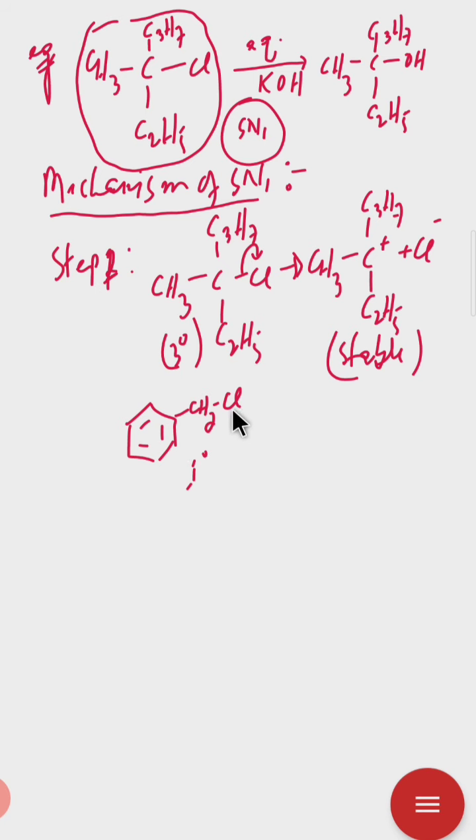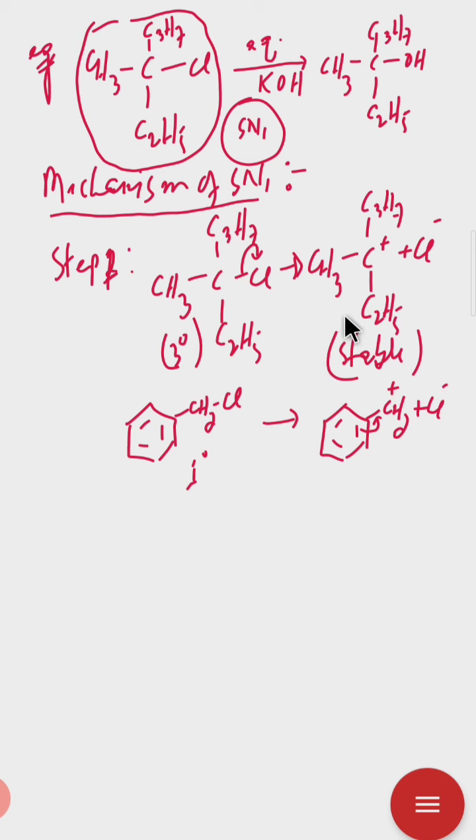But in benzyl chloride, which is a primary haloalkane, the reaction takes place through SN1 also, because in this case a benzyl carbocation will be formed. This is a primary carbocation, but it is stable due to resonance. Benzyl carbocation is very stable, equally stable with a tertiary carbocation.